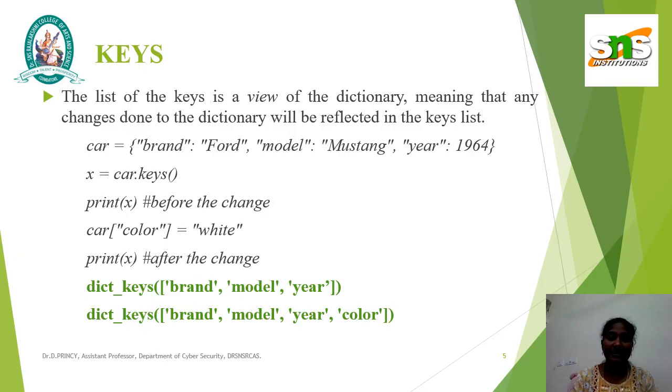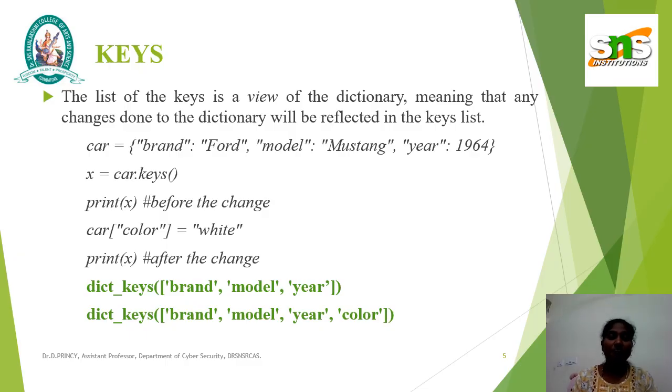After that, I'm adding another key named color, which has the value white. After making changes, I'm printing the same x. I didn't use the keys method again. I already assigned the result of the keys method to the variable x. I'm just making changes in the dictionary and printing x again.